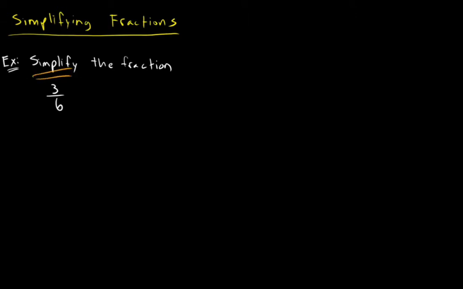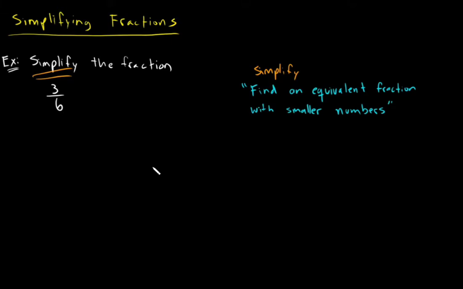Basically, it just means to find an equivalent fraction with smaller numbers. Right? We talked about equivalent fractions. Equivalent fractions are fractions that represent the same information, but they look different. So here's 3/6. We can draw this out.